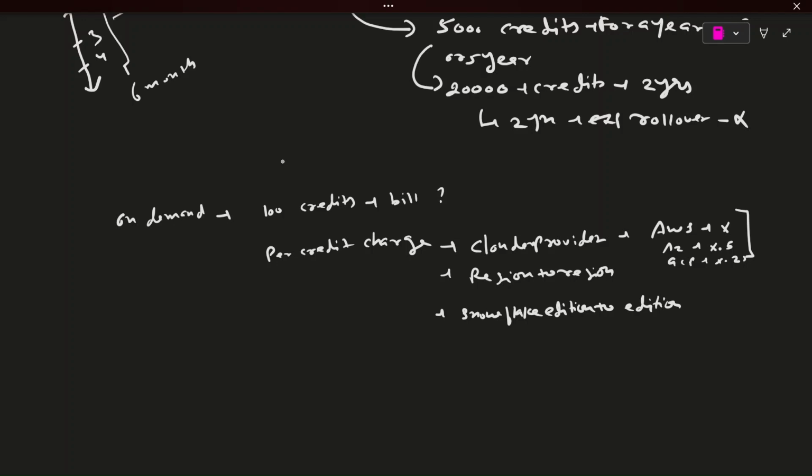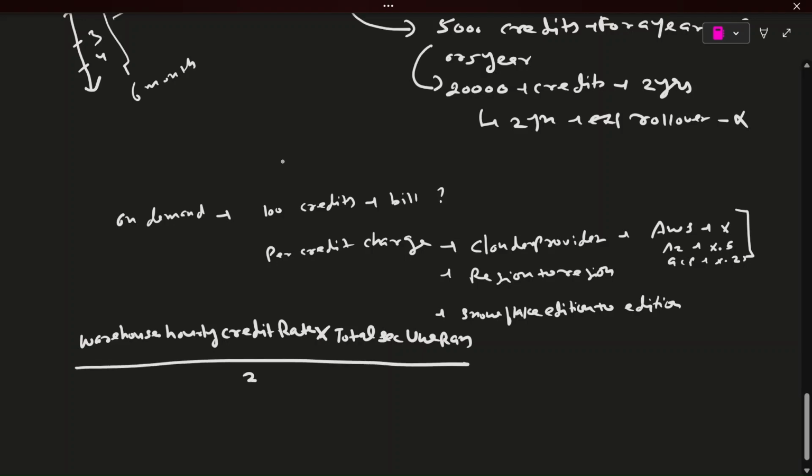The formula is warehouse hourly credit rate, multiply by the total seconds the virtual warehouse ran, and divide by 3600.